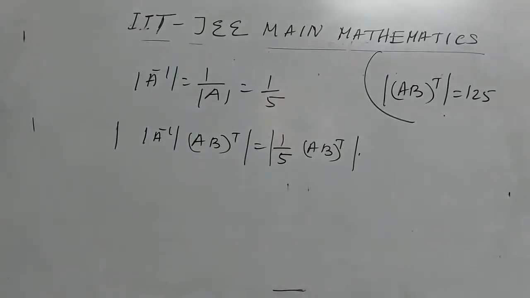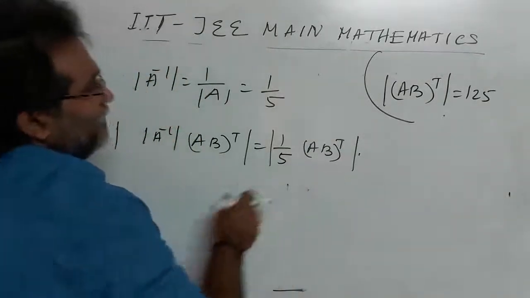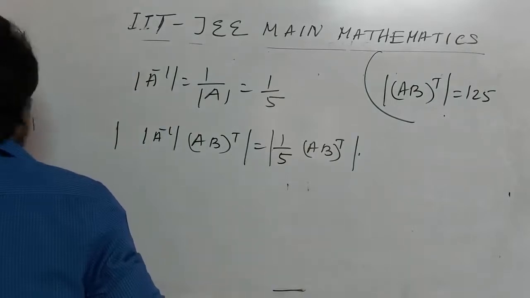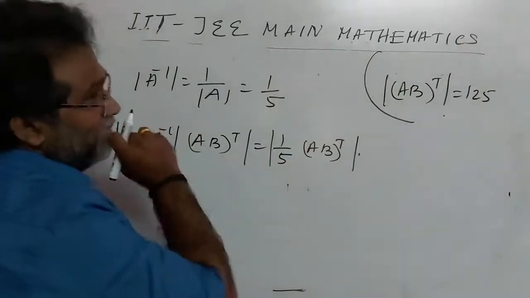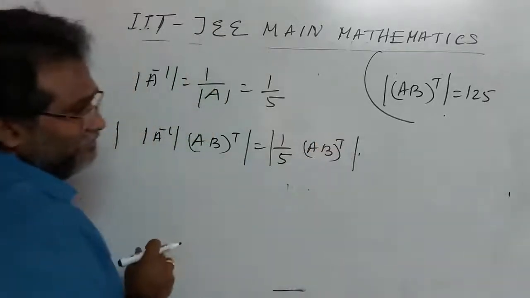In fact, this is the matrix. A and B are square matrices of order 3. So it's a matrix, and this is a scalar.